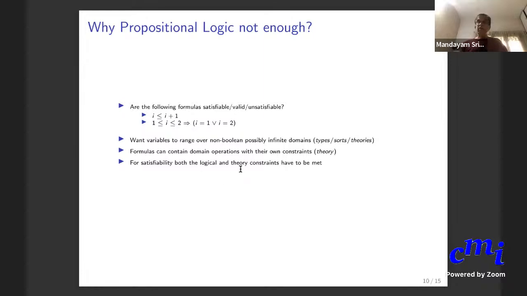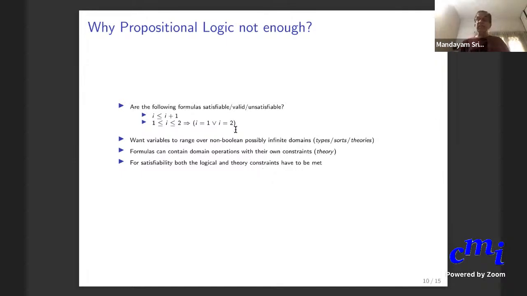And there are these atomic formulas, which in the propositional case were only ranging over propositional variables. Here, they're drawn from the theories, okay? So they have to satisfy the constraints, the semantics of the respective operations used in the thing.